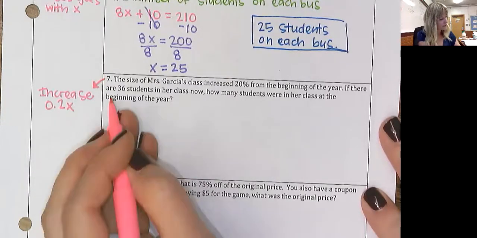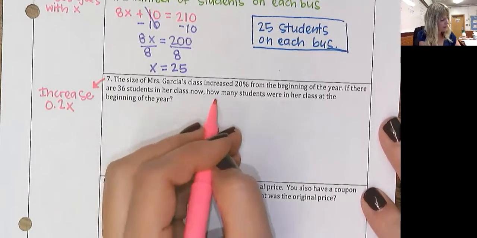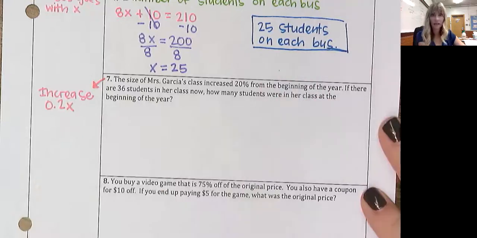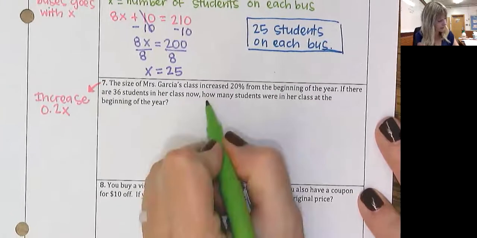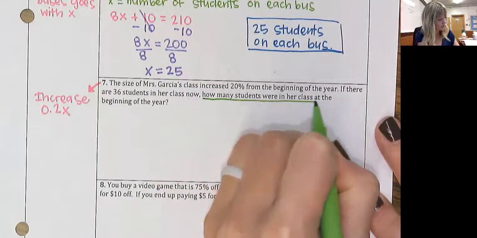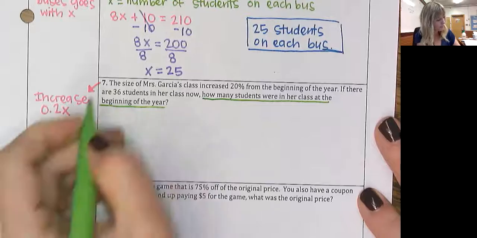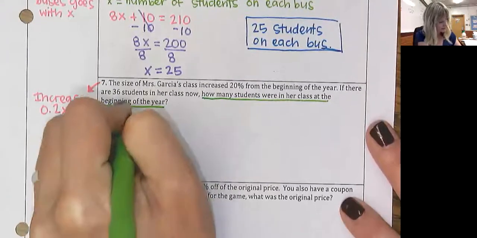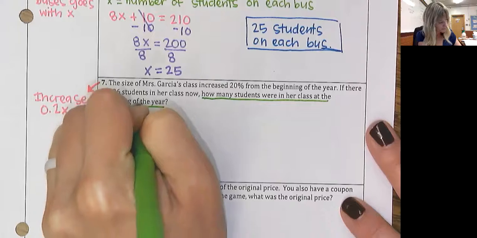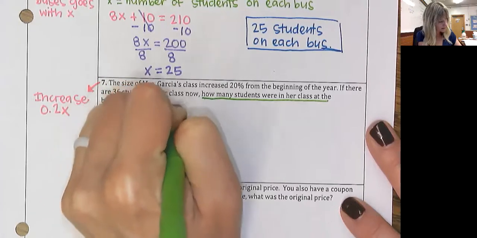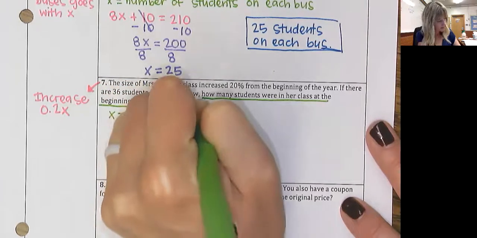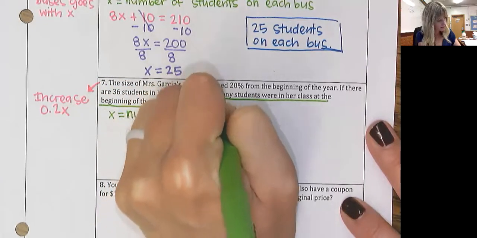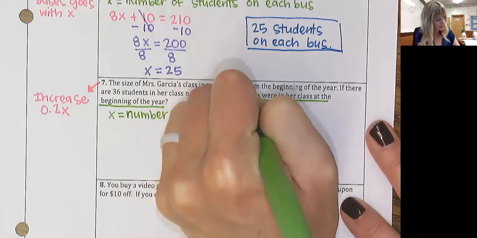Okay, if there are 36 students in her class now, how many students were in her class at the beginning of the year? I need to go back to green and pay attention to this question right here, because my first step is really assign a variable. X is number of students at the beginning.